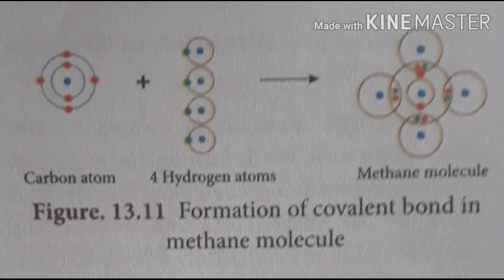So CH4 is formed. Here the bond is formed by the sharing of electrons. By sharing the electrons of carbon with hydrogen, carbon attains the nearest electronic configuration of neon, that is 2, 8, and hydrogen attains the nearest electronic configuration of helium, that is 2. Thus the bond is formed, and that bond is called a covalent bond.